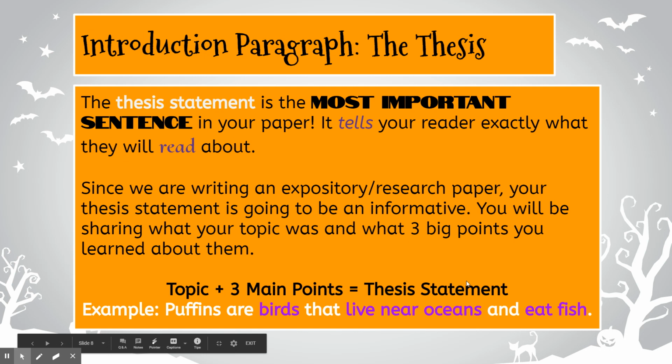So my example, remember my example is puffins. "Puffins are birds that live near oceans and eat fish." So my 3 main points are talking about them being a bird, living near oceans, and then eating fish. Those are my 3 points that I'm going to make in my body paragraph.